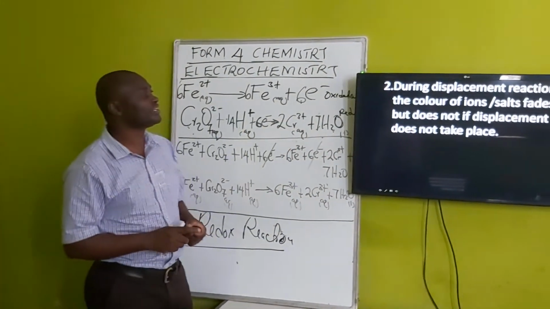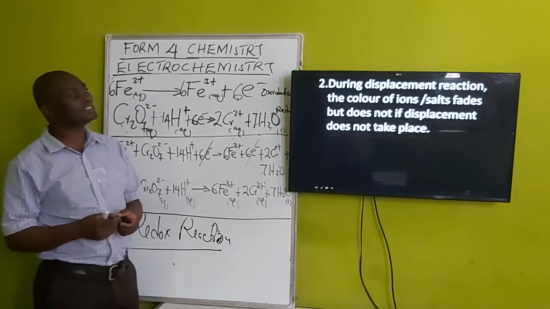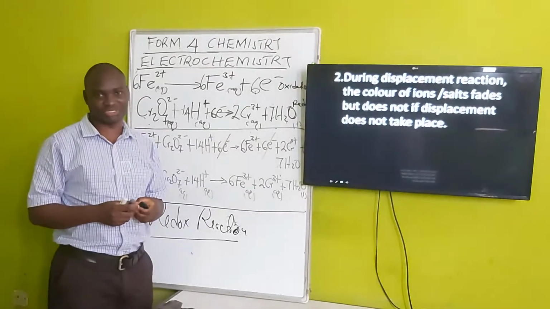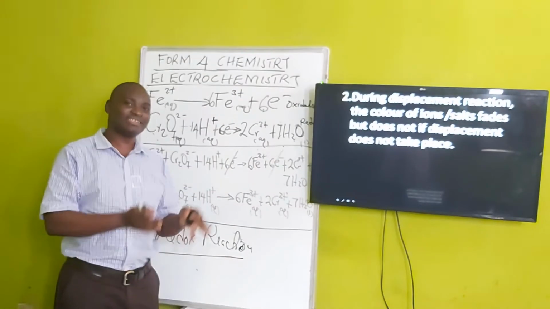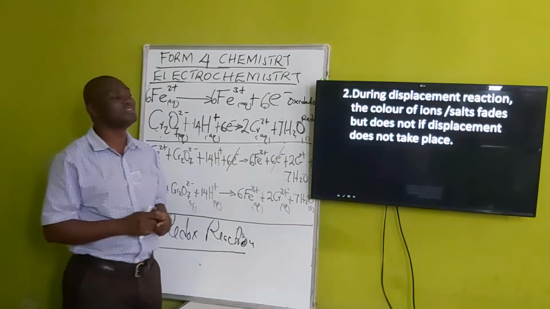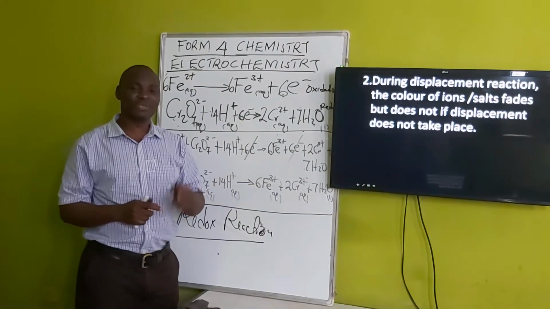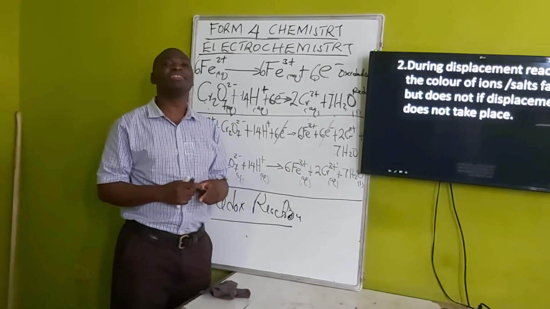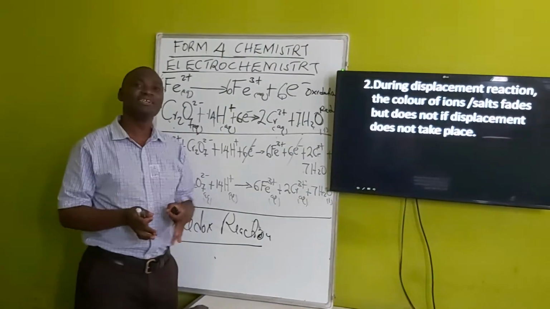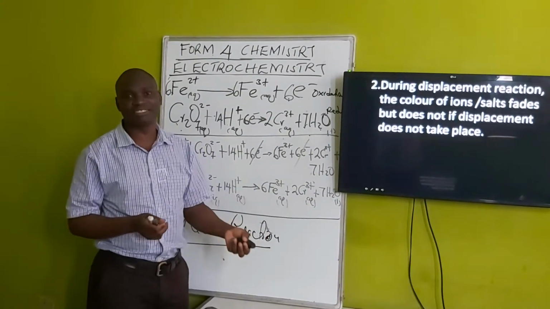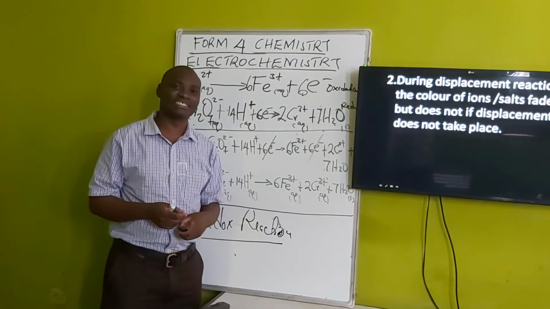The second point, which is also very important, is that sometimes during displacement reactions, the first example that we used under transfer of electrons was a displacement reaction. During displacement reactions, normally there are some physical changes that take place, like for example, deposition of solids or change in color or production of gases.